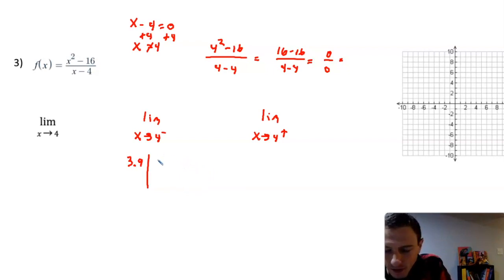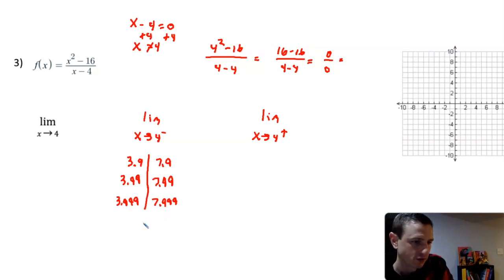That's going to be 7.9, and then 3.99 squared minus 16 over 3.99 minus 4, and you get 7.99. And then 3.999 is going to give you 7.999. So you can start to make the conclusion, all right, it's approaching 8 from the left. And we check the right.